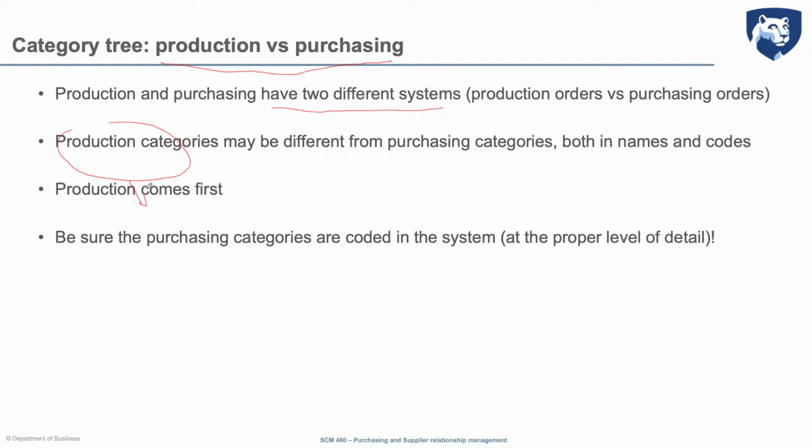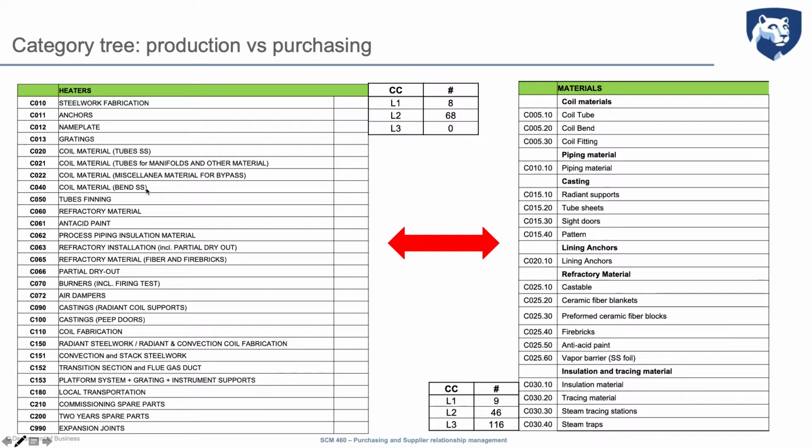So always extract the purchasing category, like in the example that we have seen here, and compare it with the production category, and understand which makes more sense to be used as reference framework. Again, this was evident: usually you use the one that is more detailed.